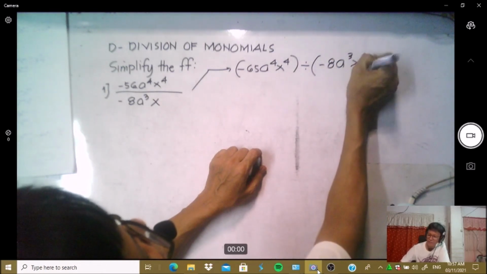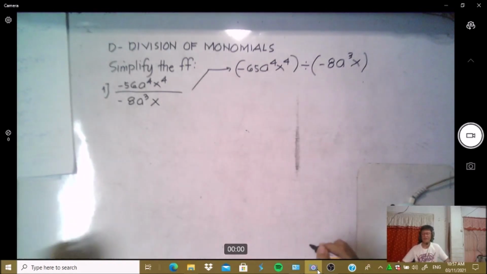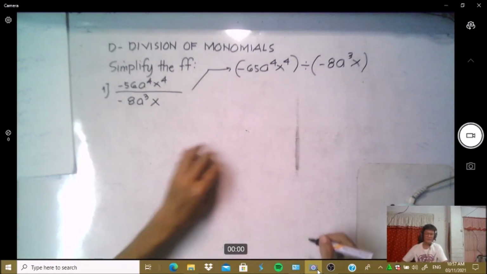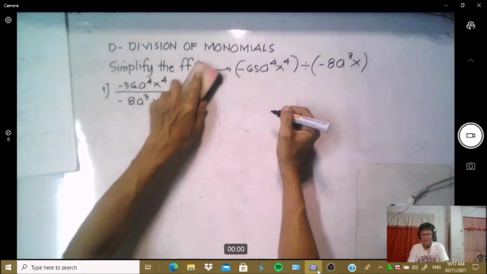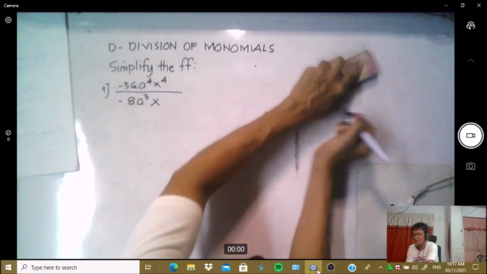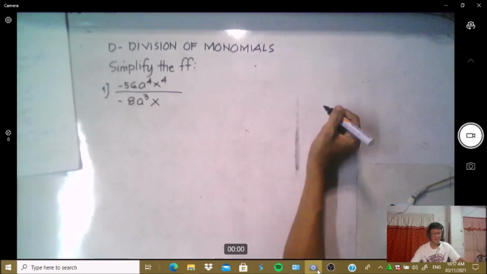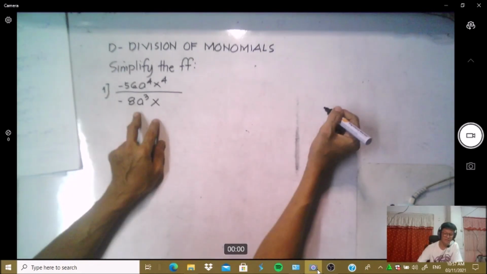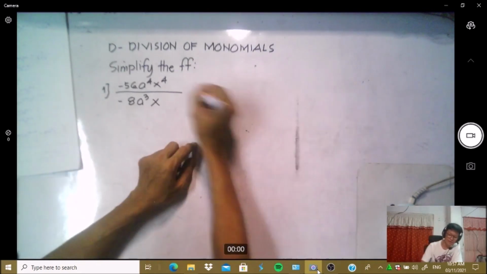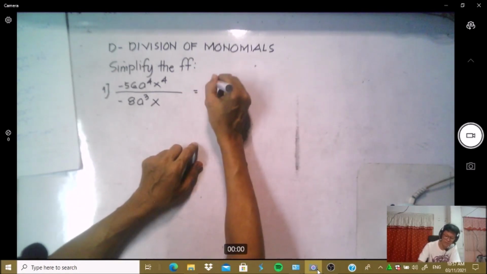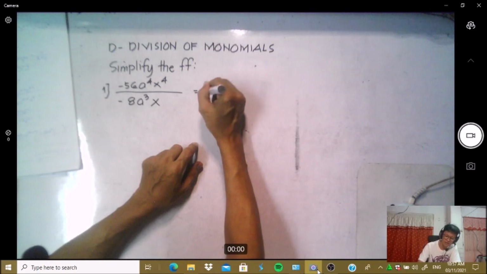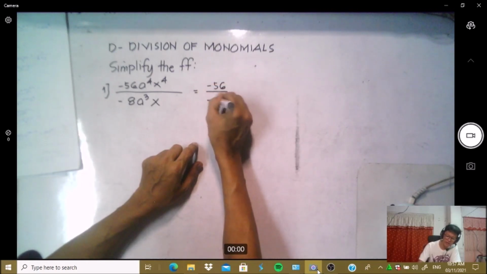This is our representation horizontally. Okay, but it is quite easier to perform it in fractional form. So we have to divide first the coefficient. So we have negative 56 divided by negative 8.